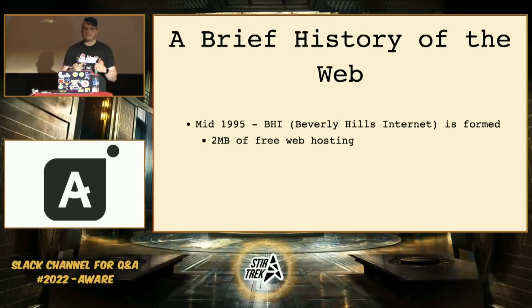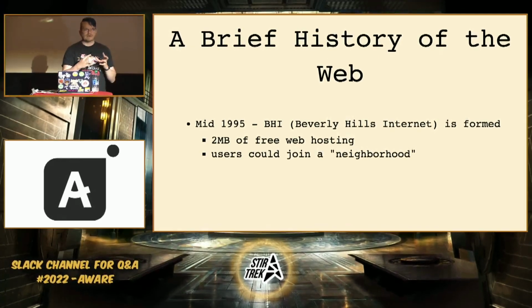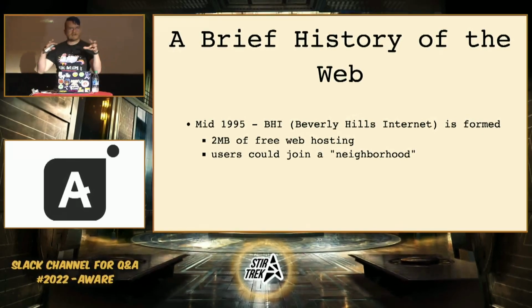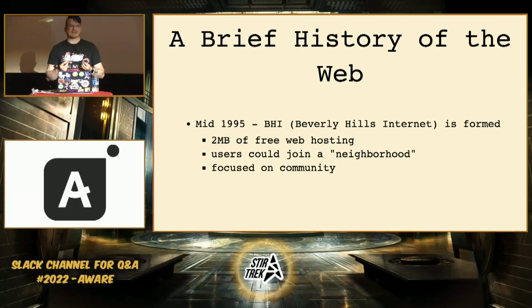When you get this free web hosting, you would join a neighborhood. Each of the neighborhoods were sort of themed. There was sort of a theme you were trying to fit with, right? There was like Area 51, and there was like Silicon Valley, so you had all of these sort of neighborhoods, and it really focused on the community aspect of the internet and making websites.